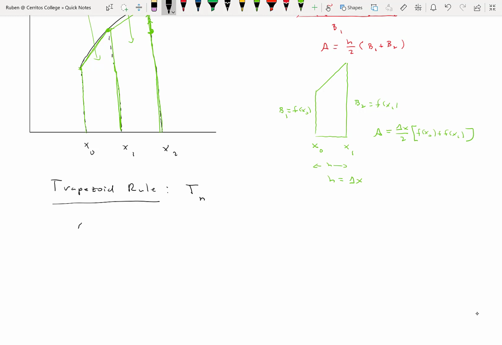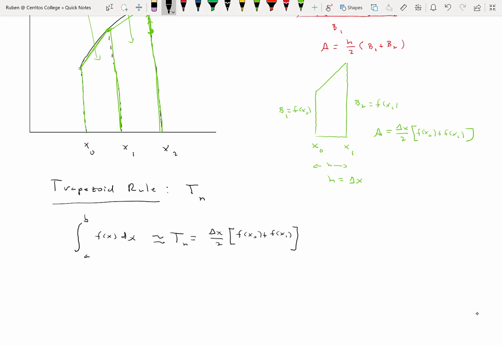The integral from a to b of f of x with respect to x is approximately equal to T sub n, which is, taking the area of the first trapezoid in green, delta x over 2 times f of x sub 0 plus f of x sub 1.